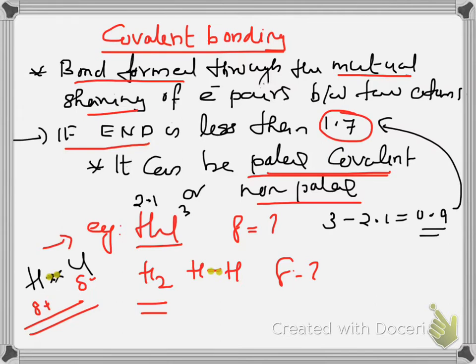So the electronegativity difference between the two atoms is 2.1 minus 2.1, so the answer is 0. The electronegativity difference, delta, is 0. So it is a non-polar molecule. There is no polarity in the molecule.